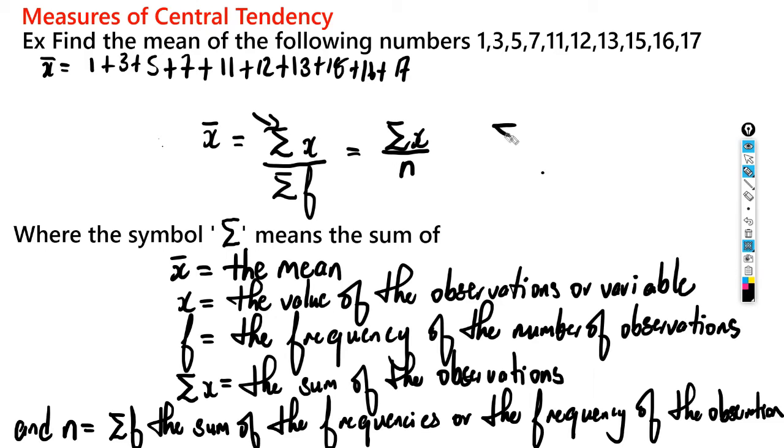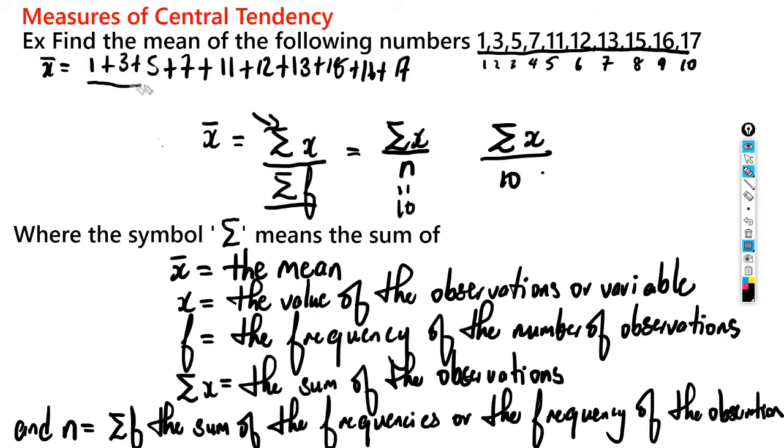And the sum of f is the number of all the numbers, so it's 1, 2, 3, 4, 5, 6, 7, 8, 9, 10. So it's 10 numbers, so clearly n is equal to 10 in this case.